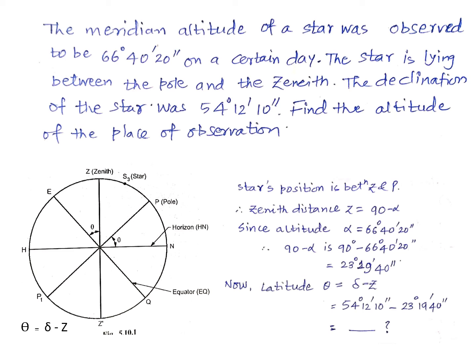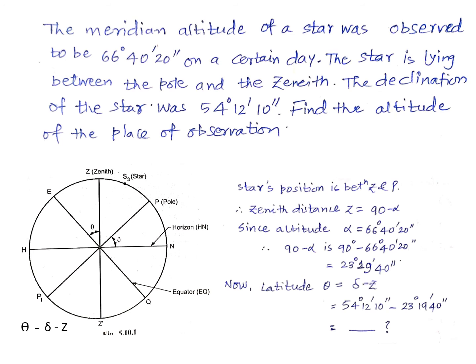From N to S3 is nothing but your altitude, and that altitude is given as 66 degrees 40 minutes 20 seconds. So Z is equal to 90 minus alpha. If you subtract it, this value comes out to be 23 degrees 19 minutes 40 seconds.